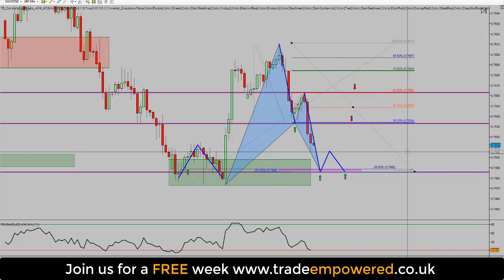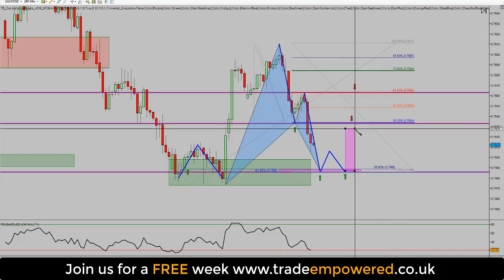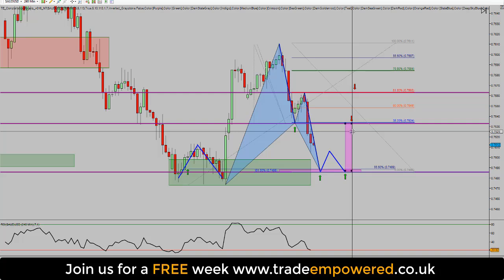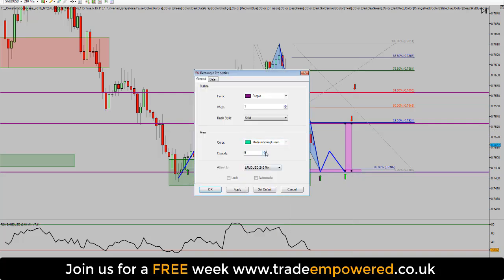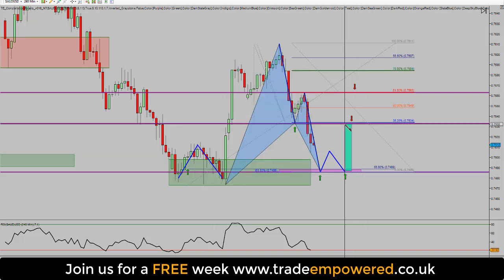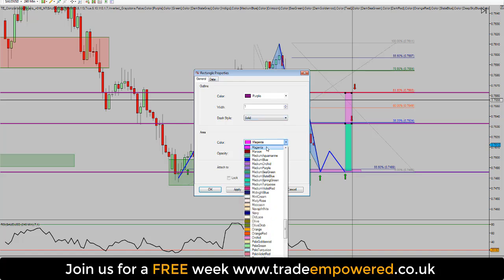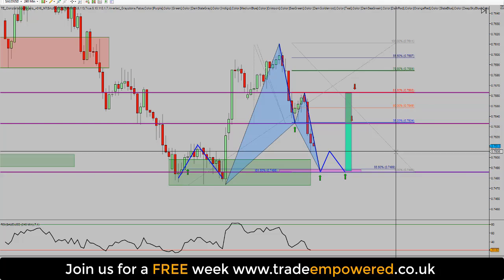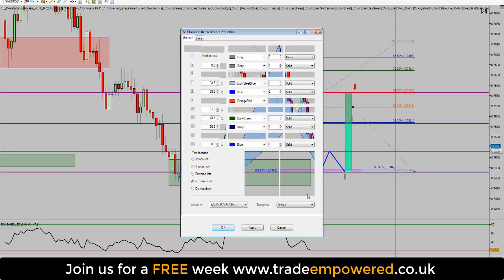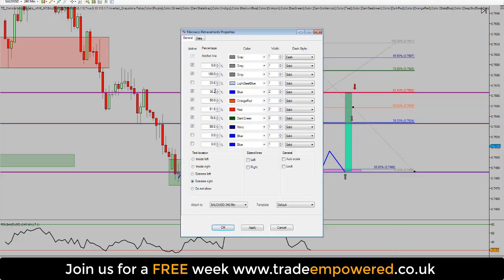Right at those structure levels. So if we're looking to take the bat, target 1s are going to be up at 75.34. And target 2s are going to be up at that 618 at 75.63, which just both happen to line up with previous structure. So that's one of the trades on the radar today.